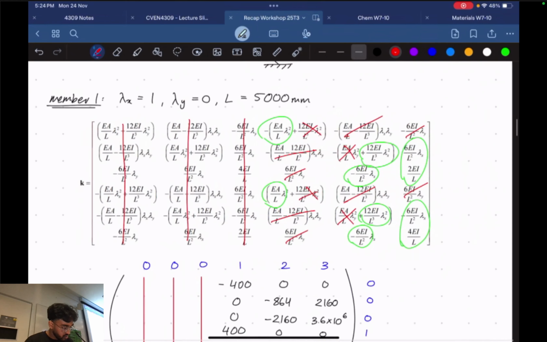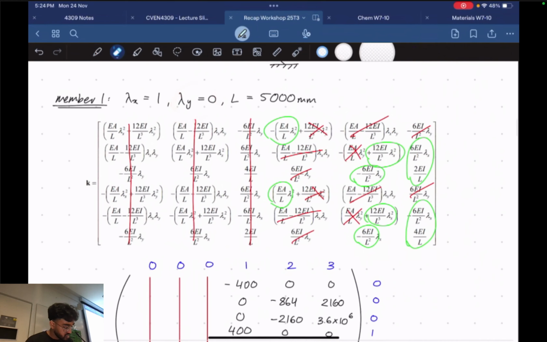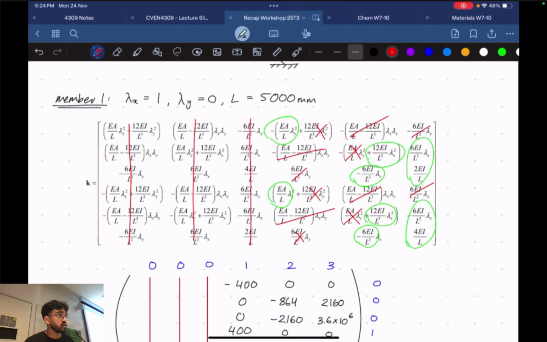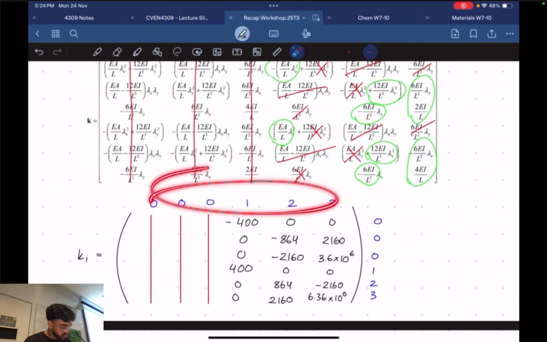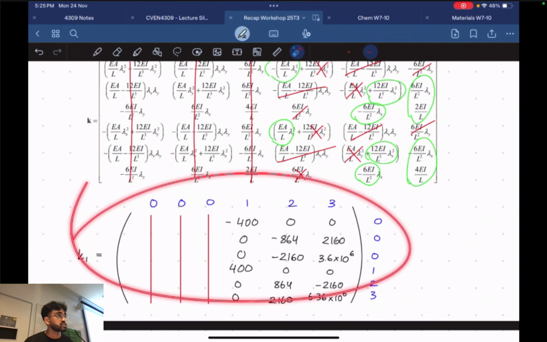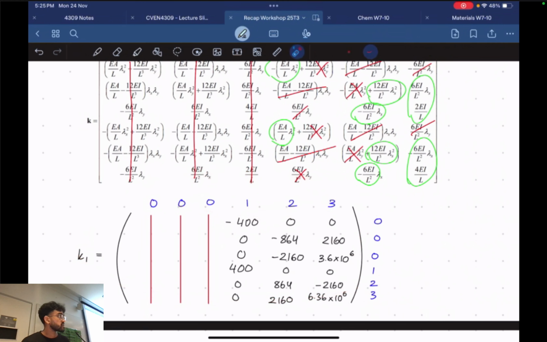And I noticed that lambda y is 0, so there are a lot of things I can cancel out. This just makes my life a lot easier when I'm subbing in. All the green ones are the only ones I have to find. So when I subbed it in, I've got my location vectors, and this is my local stiffness matrix after you plug it in.